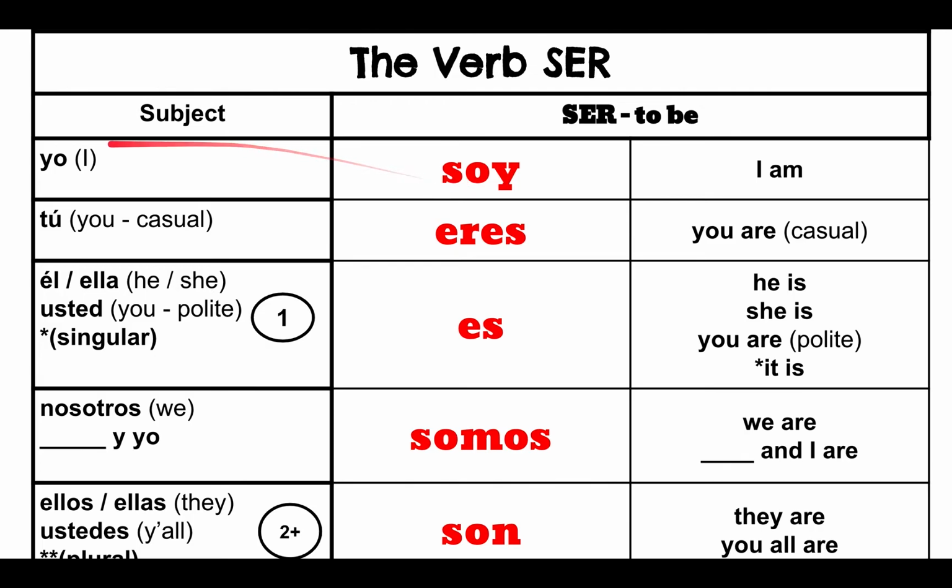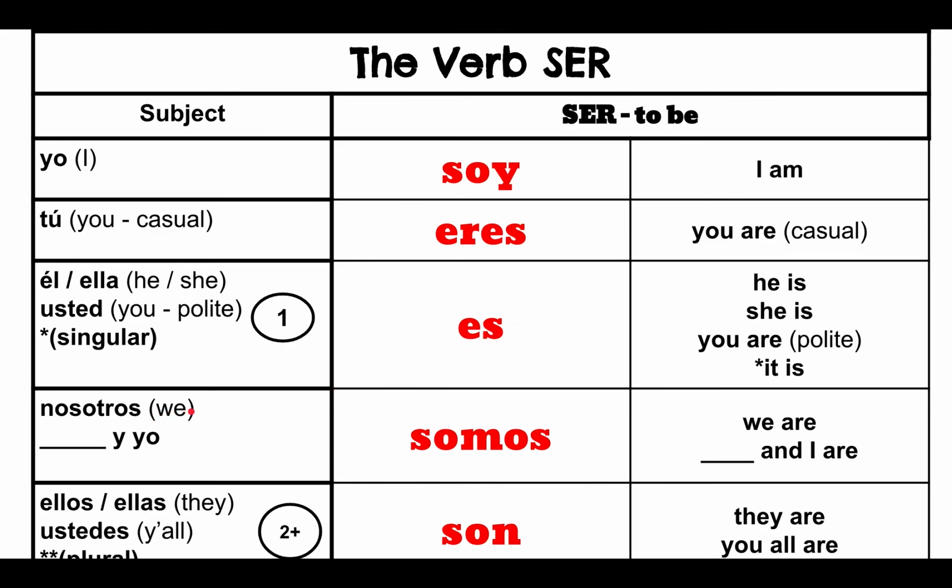If you'd like, you can say yo soy or tú eres, but it's not necessary. He is, she is, or the polite way to say you are, es. And even if you're talking about an object, it is, you also use es.